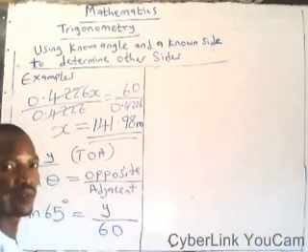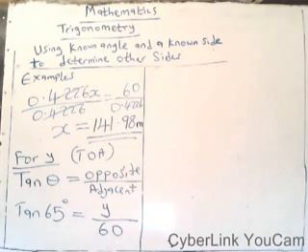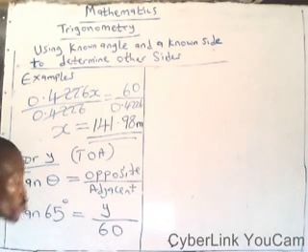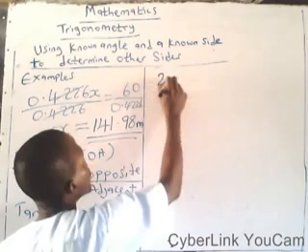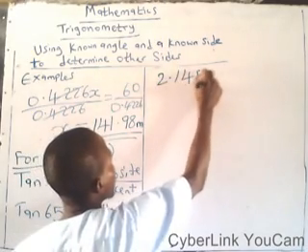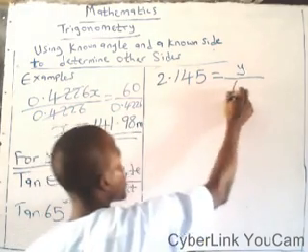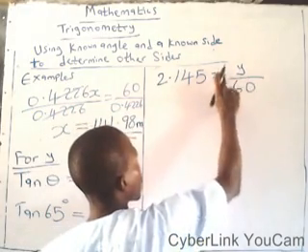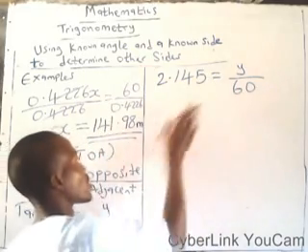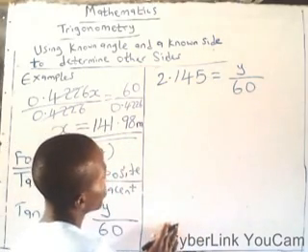From the four-figure table, tan 65 degrees is equal to 2.145, so 2.145 is equal to y over 60. Then what are we going to do here as our next step?